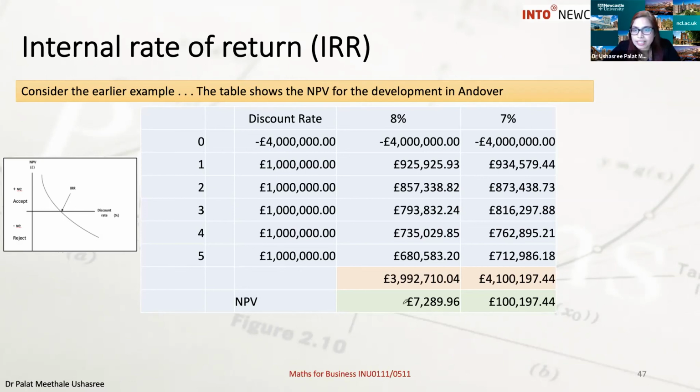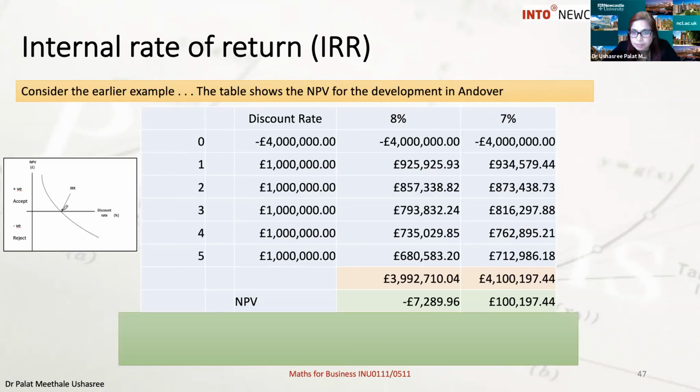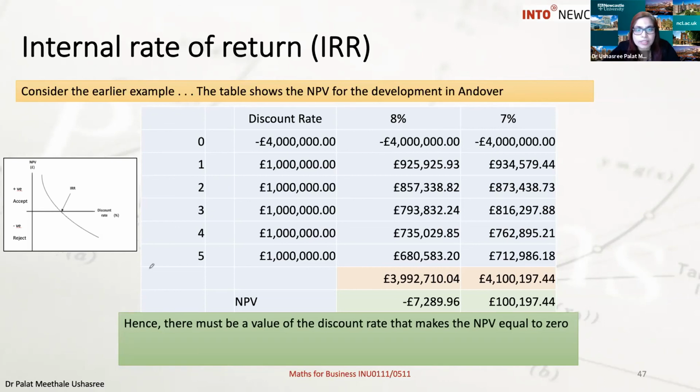Look at that, that is negative, that is positive. Negative somewhere here and positive somewhere there. So somewhere in between the NPV is 0. There must be a value of the discount rate that makes NPV equal to 0, and that is your internal rate of return.